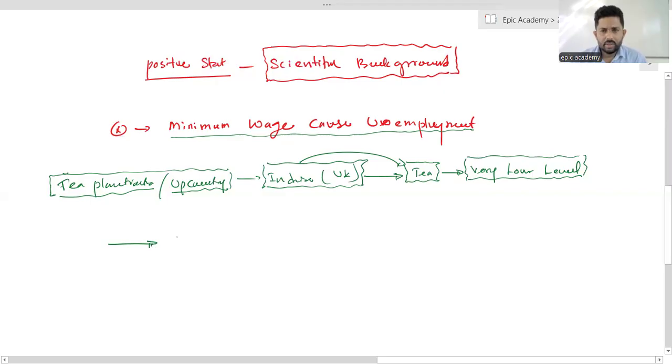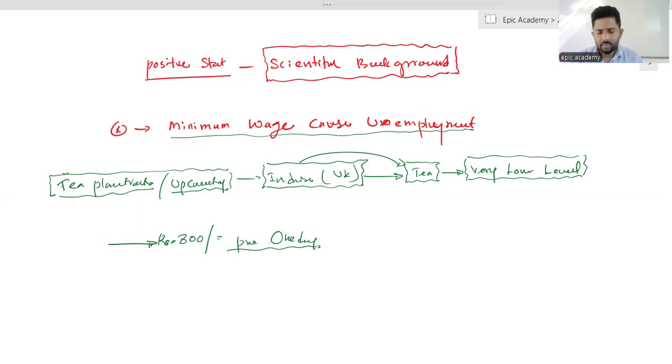As an example, even in the present time period it is 800 rupees per day. One day means working 8 hours in the plantation, and they can earn only 800 rupees. That is what happens in the plantations in Sri Lanka.